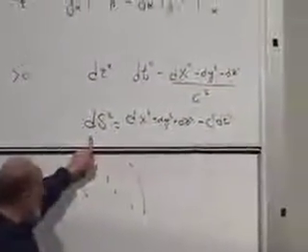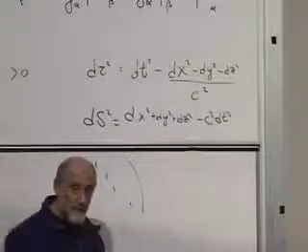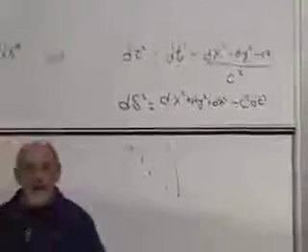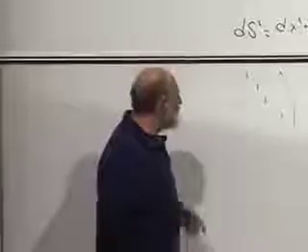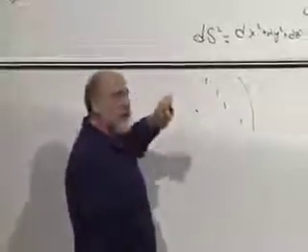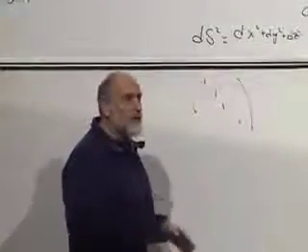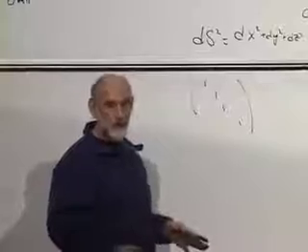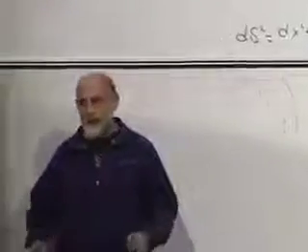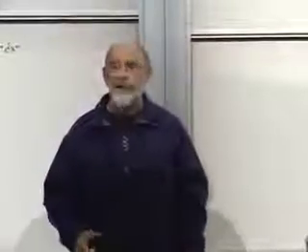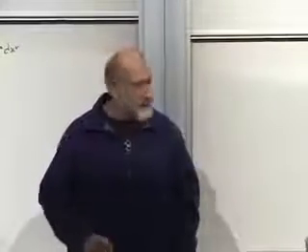The language that mathematicians use is they would say the signature of the space would be plus, plus, plus. Plus, plus, plus is the signature of the space, and it's simply telling you how many positive and negative eigenvalues.